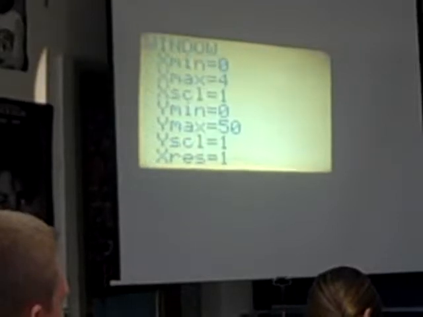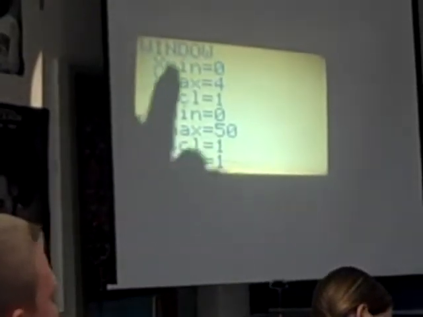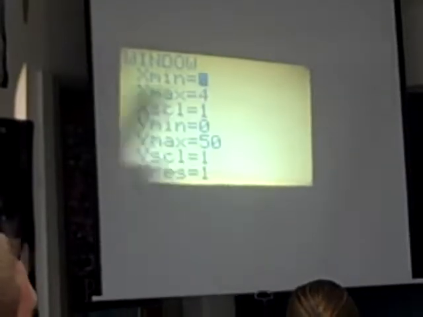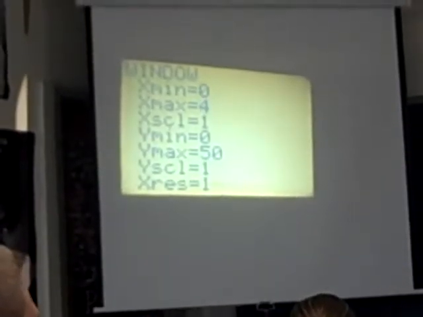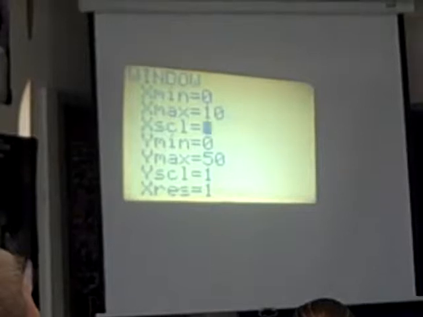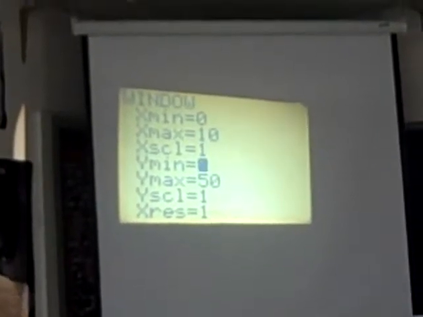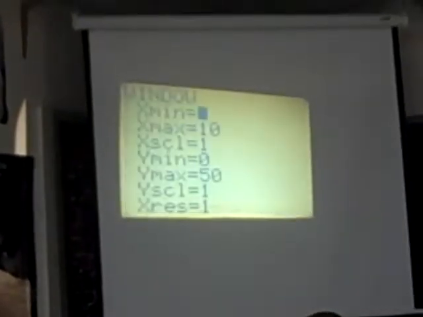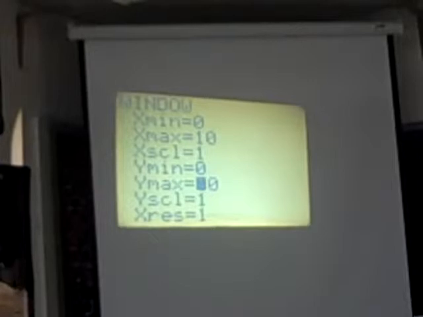My windows. What's a good window for time? 0 to 4 seconds? What do you think? A little more? 10? 6? What about the height of the ball? Start at the ground and go how high up? 50 good? Oh no, I gotta go higher up. 70 was good?